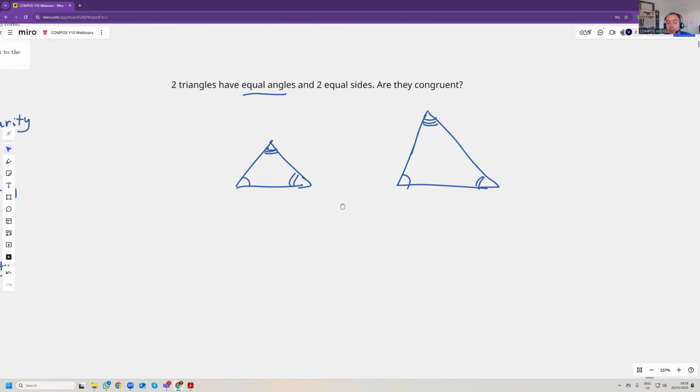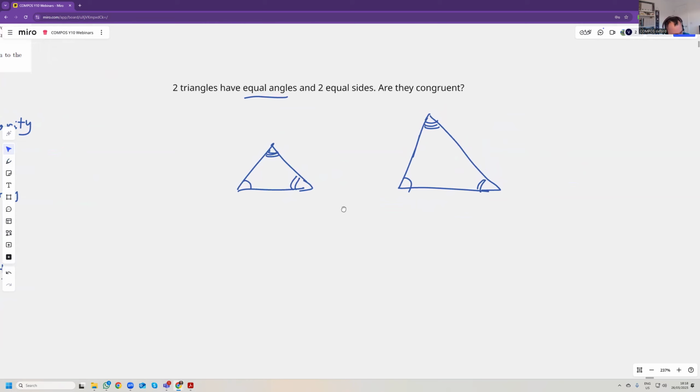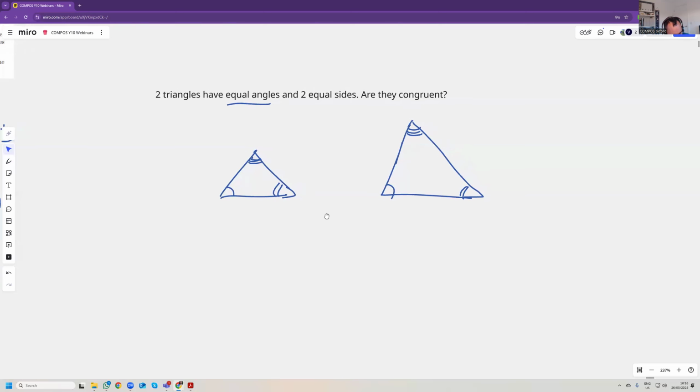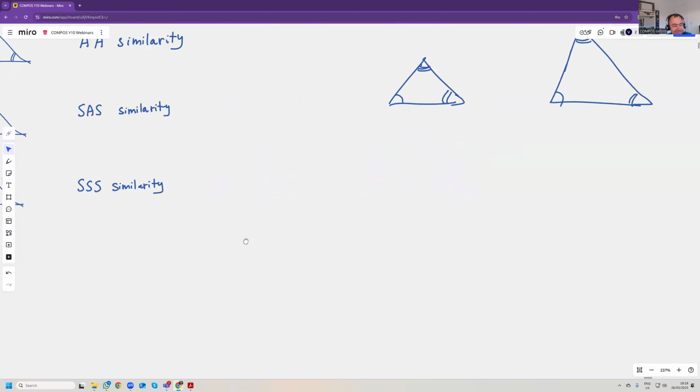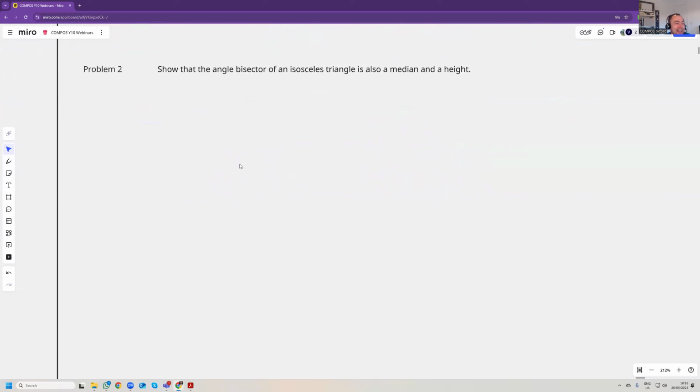They are similar, but they're not congruent. 3, 6, 3 and 6. Okay, anyways, apologies.